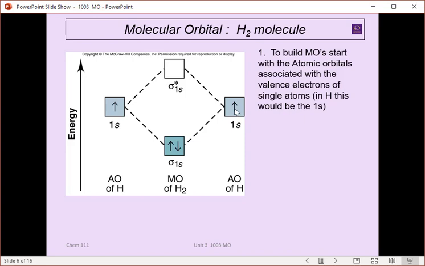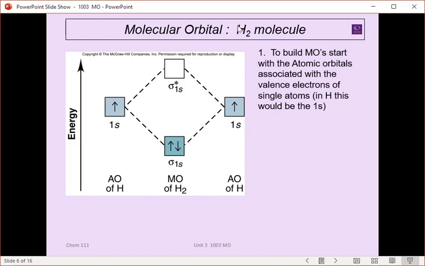You can build molecular orbitals with all the electrons, but basically what you'll end up with is a lot of wasted paper, because the core electrons always cancel, and they don't count on the bond order. So the bond order is only determined by valence electrons. So long story short, you're building molecular orbital diagrams out of valence electrons.